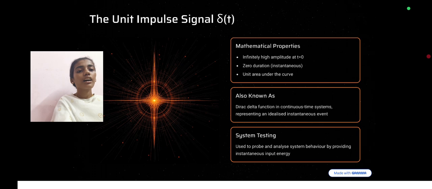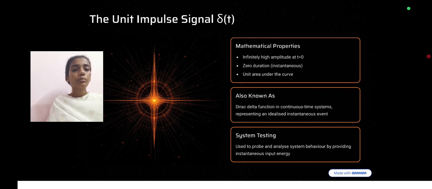Unit area under the curve. It is also known as the Dirac delta function in a continuous time system, representing an ideal instantaneous event. System testing: it is used to probe and analyze system behavior by providing instantaneous input energy.